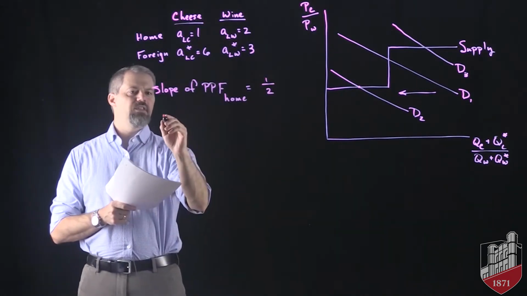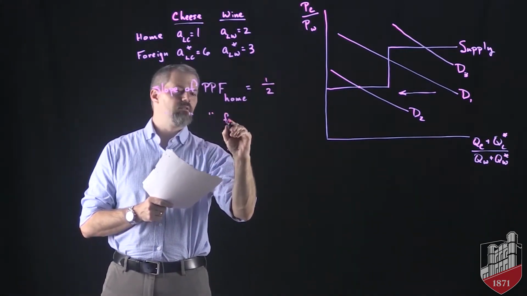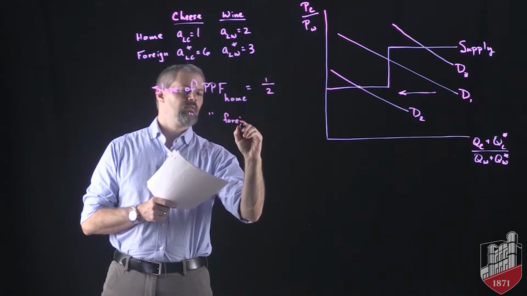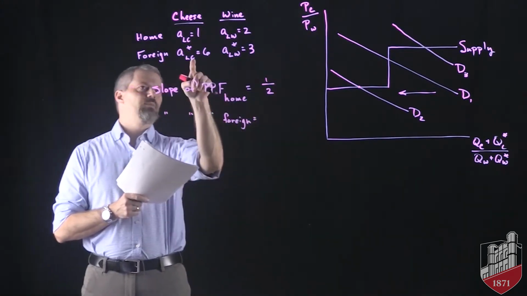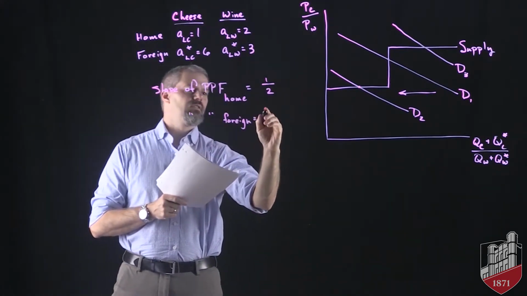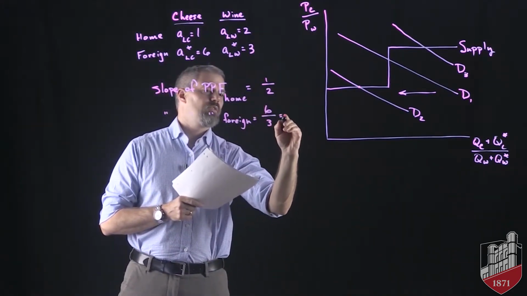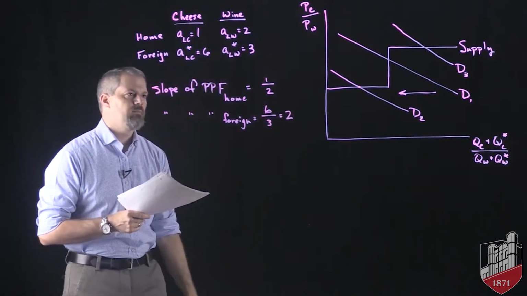And if we were going to think about the slope of the PPF for foreign, then it's going to be foreign's unit labor requirement for cheese divided by the unit labor requirement for wine, which is going to be equal to 2.